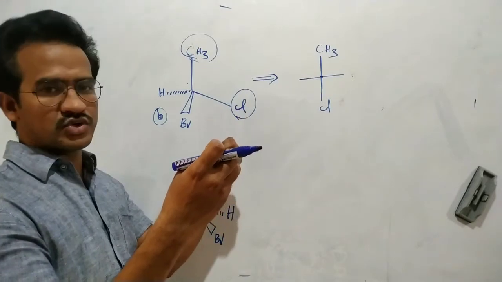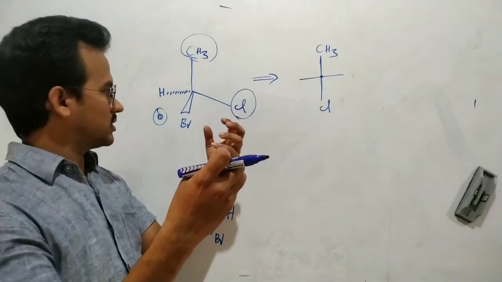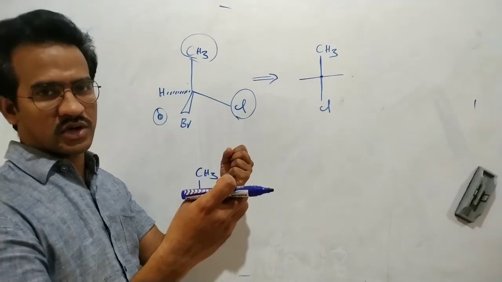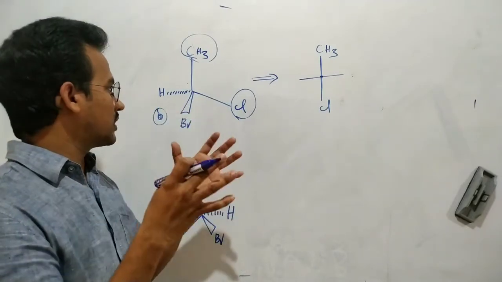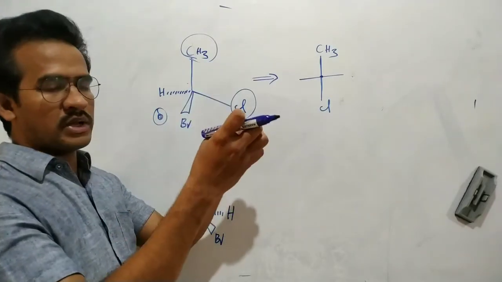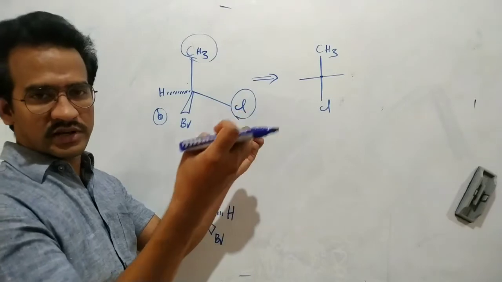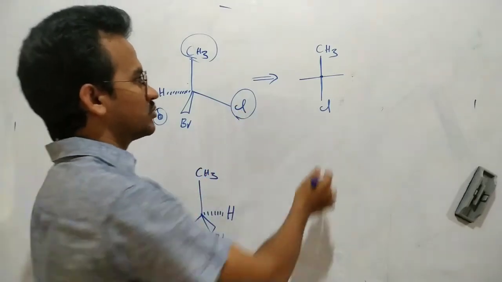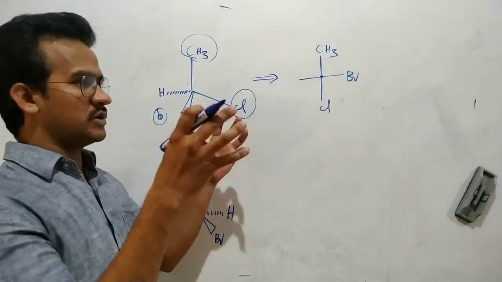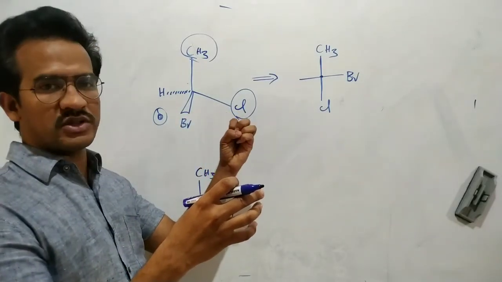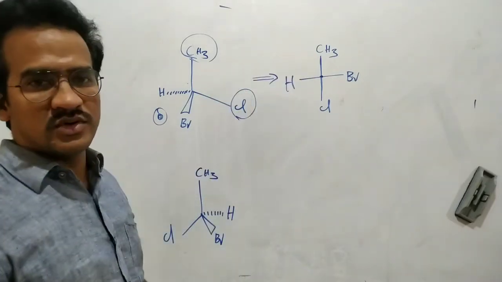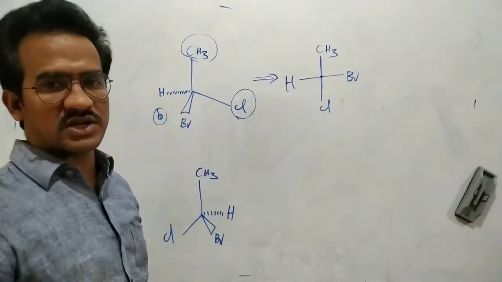The hydrogen below the plane is present in the left hand. So the bromine should be written on the right side, and the hydrogen, present in the left hand, must be written on the left side. So it is a 2D representation of this structure.